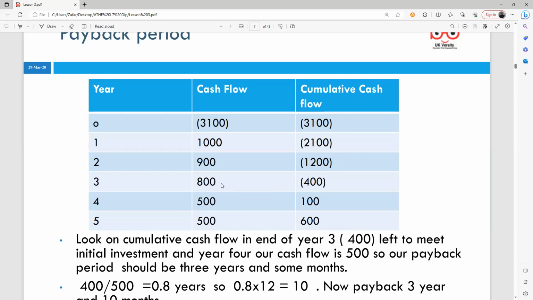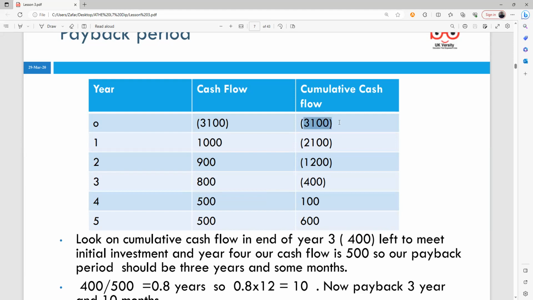How do you know? Because you calculate: 3,100 is the investment you made. In the first year you get 1,000, in the second year 900, and in the third year 800.